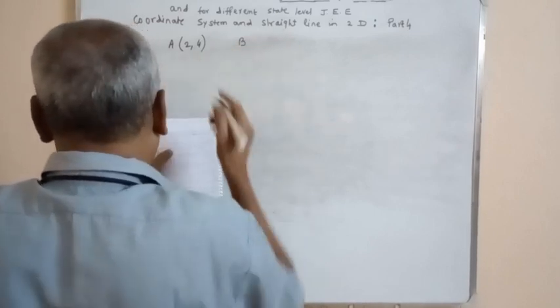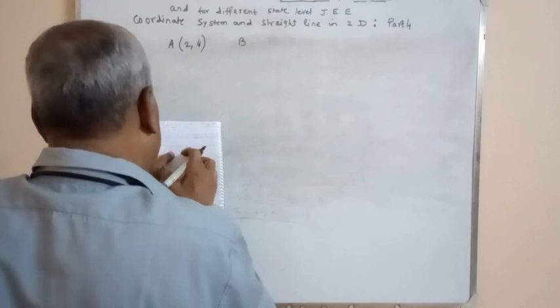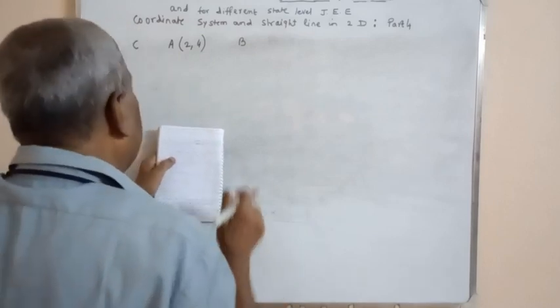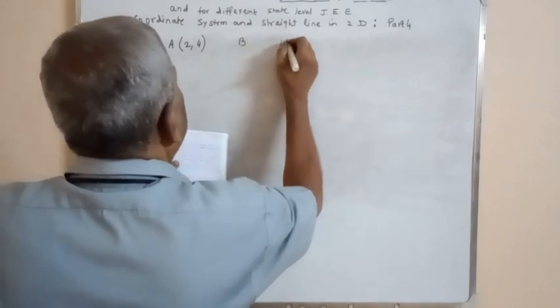A is given, so C is the reflection of A on x-axis and B is the reflection of C on y-axis. Then find the distance of AB.